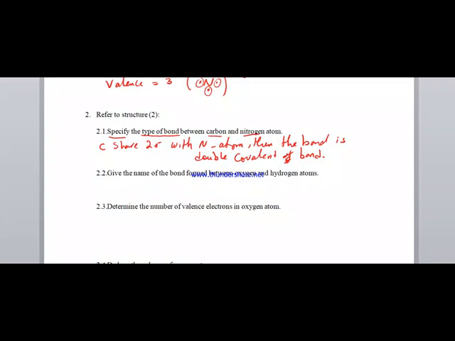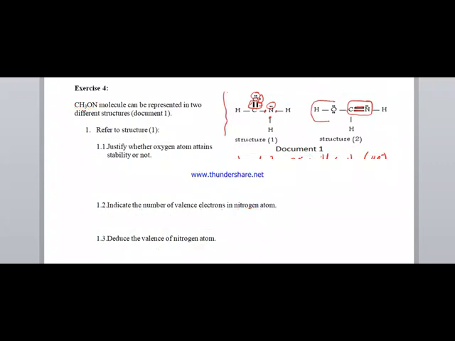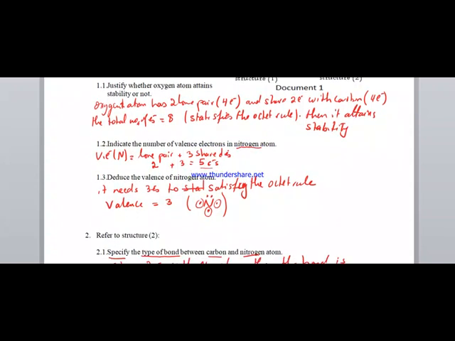Give the name of the bond formed between oxygen and hydrogen. If we return to the structure, between oxygen and hydrogen, we have sharing of one pair of electrons, so the bond formed between oxygen and hydrogen is a single covalent bond.